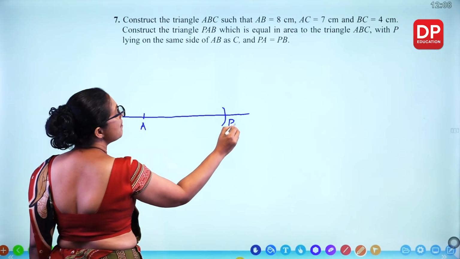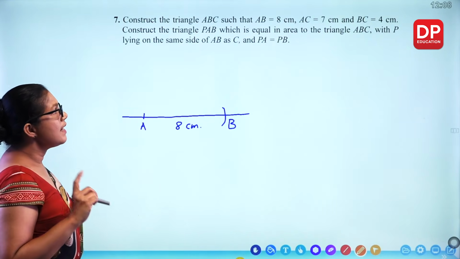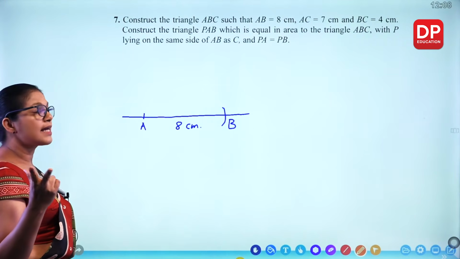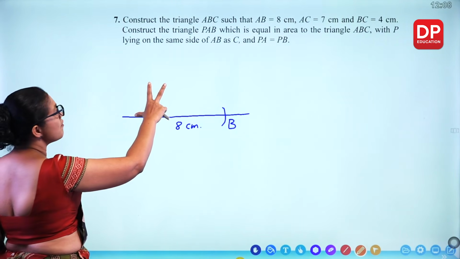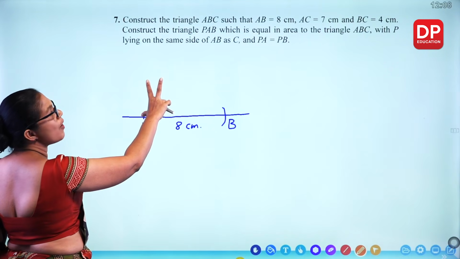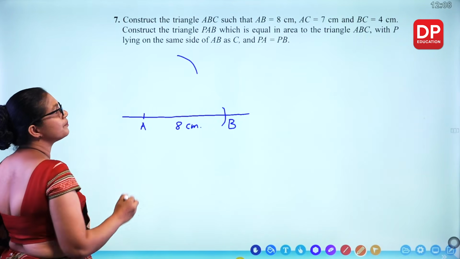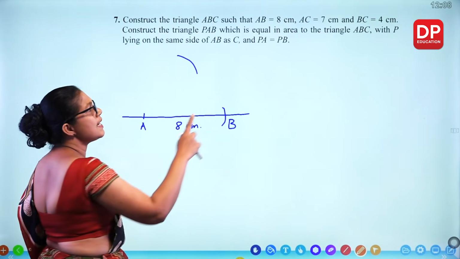That's the B point. It's 8 centimeters. Then AC is 7. Take 7 centimeter distance from the compass, keep on top of A and draw an arc. That's 7 centimeters.